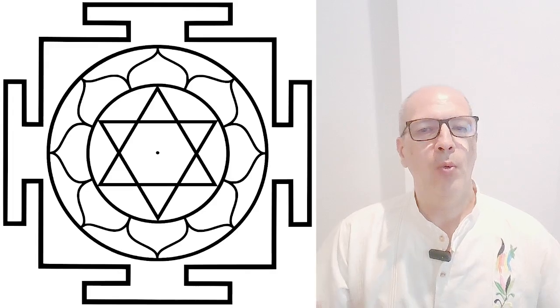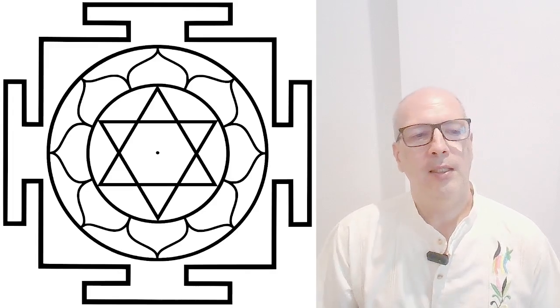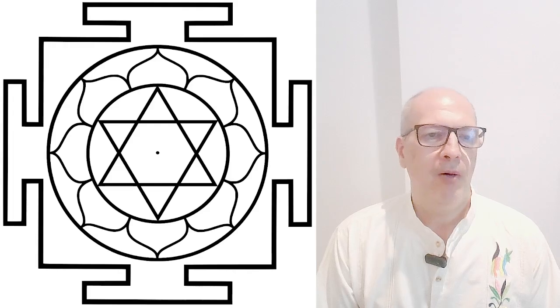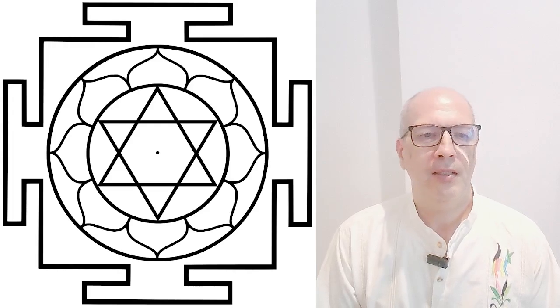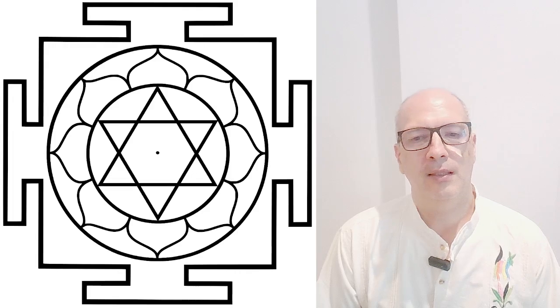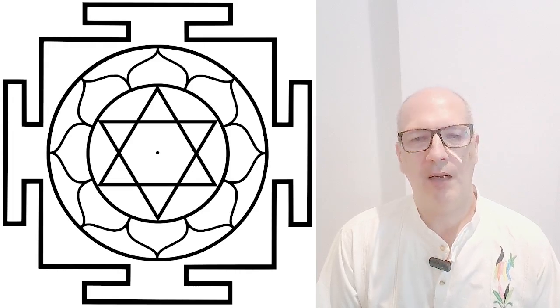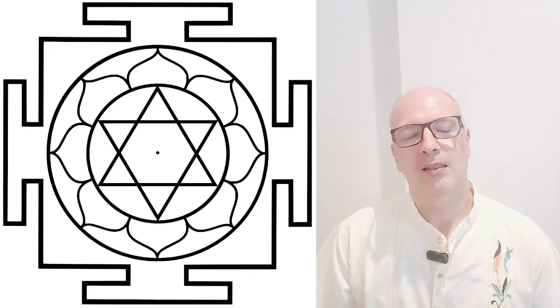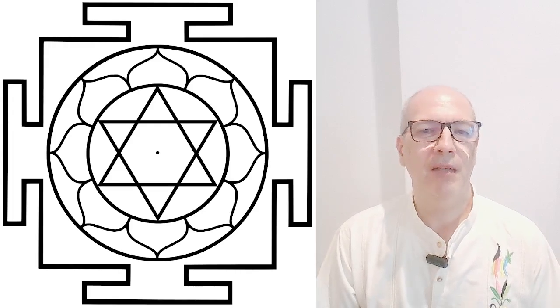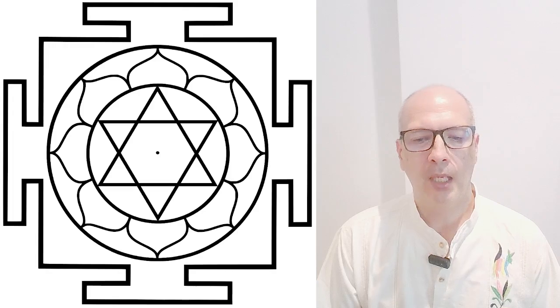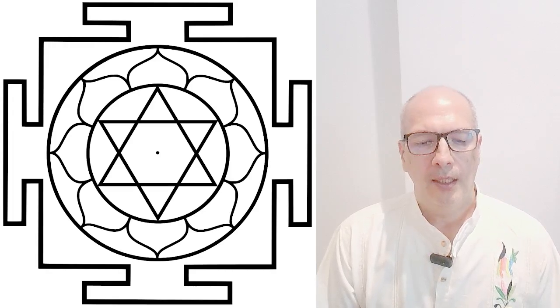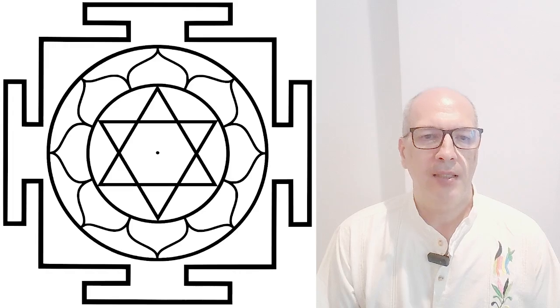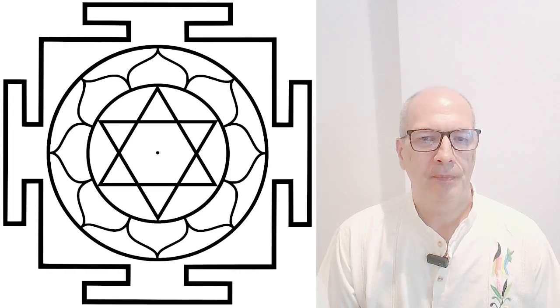We want to make our body a temple or a place in which that energy, that deity, that Mahavidya can come and manifest itself. At the same time, it represents a sacred space.